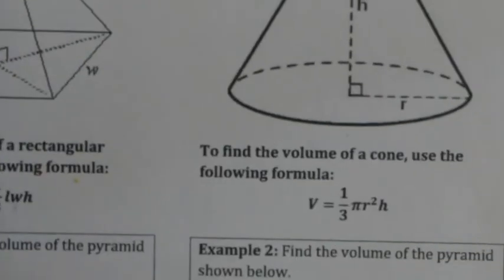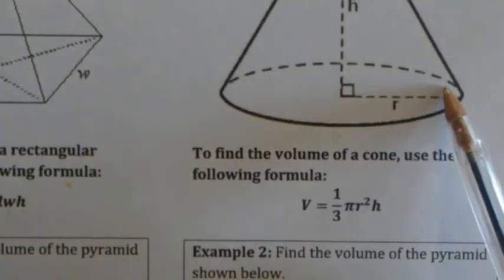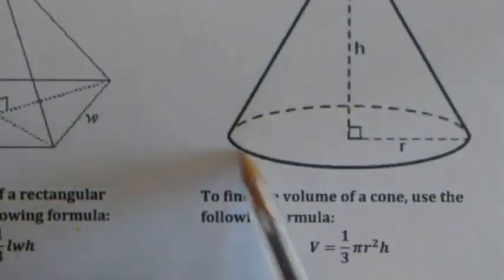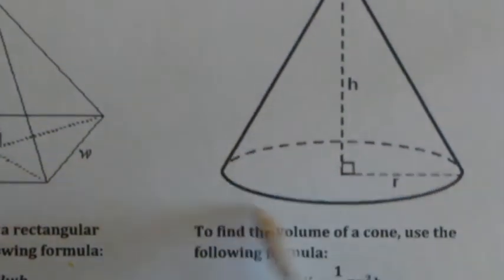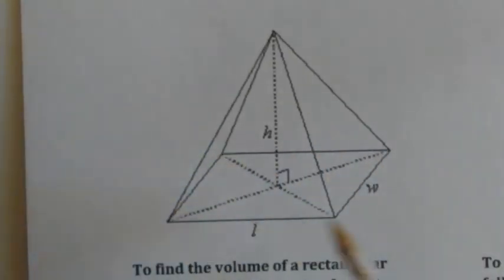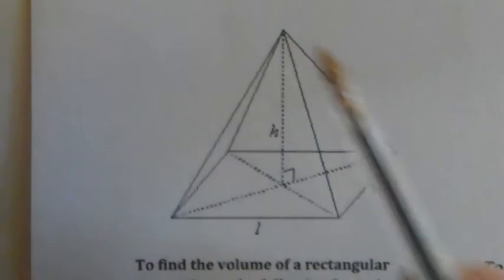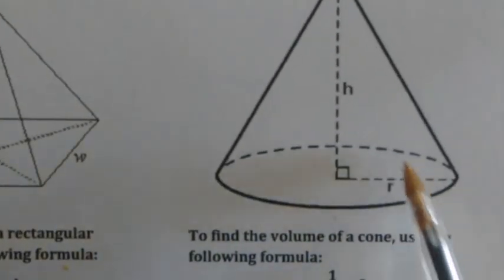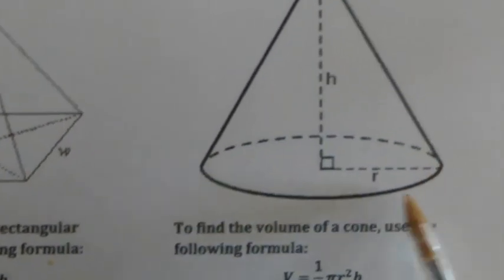The cone is the same thing, really. It's the area of the circular base. A cone has a circular base and a single point. Notice that a pyramid has a rectangular base, this one does, and a single point. A cone is a circular base with a single point. Same thing.